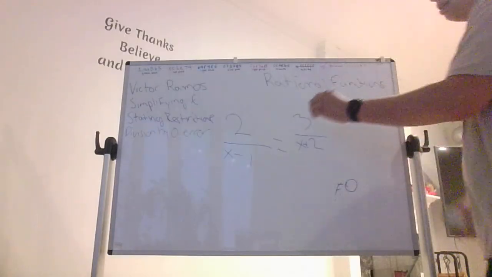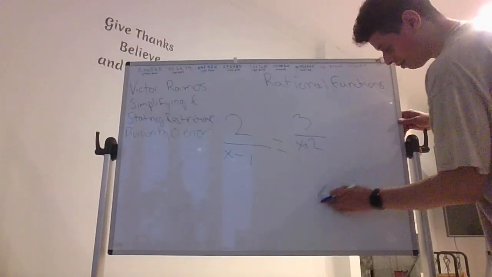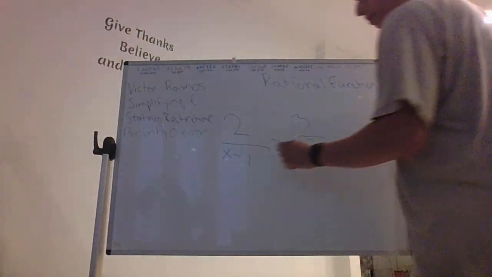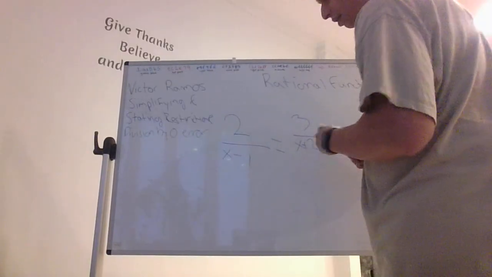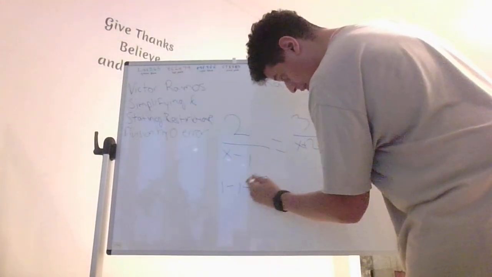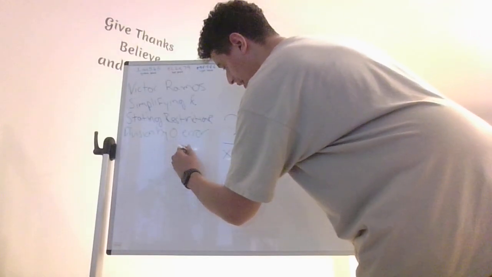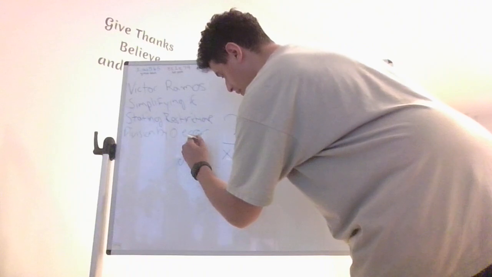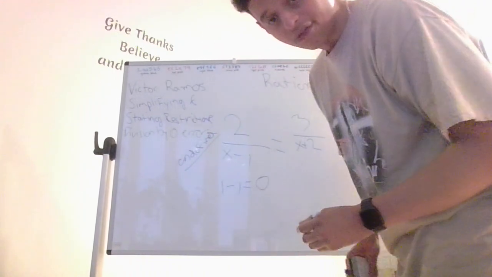So automatically, you have to state restrictions that can never make any of these denominators equal zero. So automatically, x cannot be positive 1 because 1 minus 1 equals 0, thus making this undefined. Remember that, because in some questions, you'll get an option as if an equation is undefined.